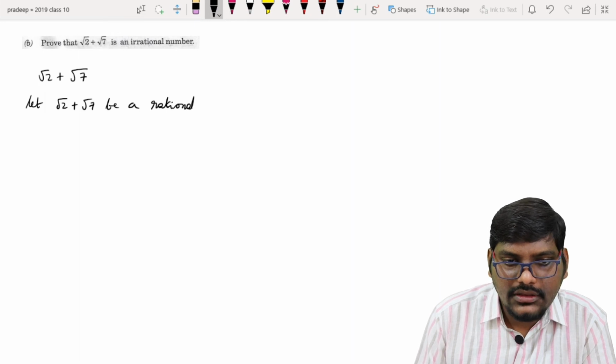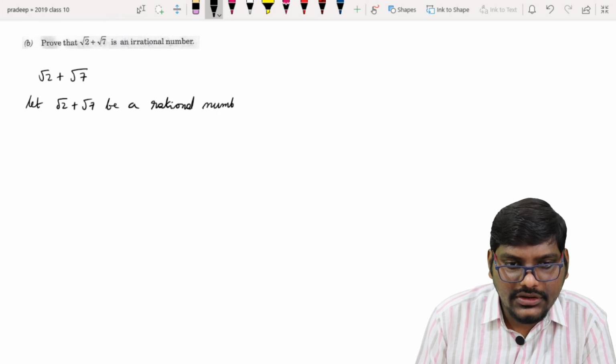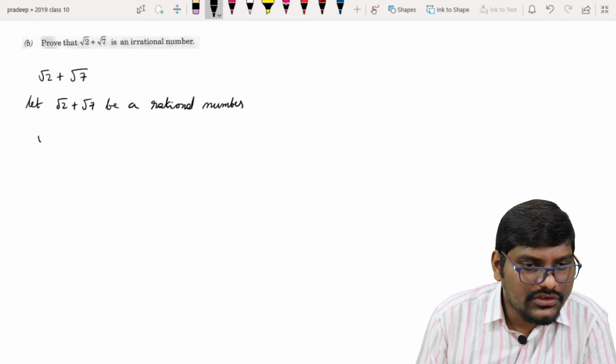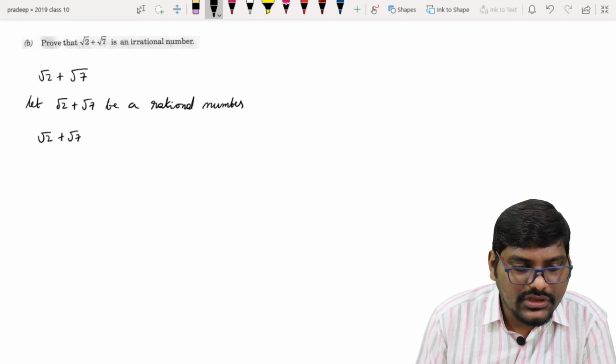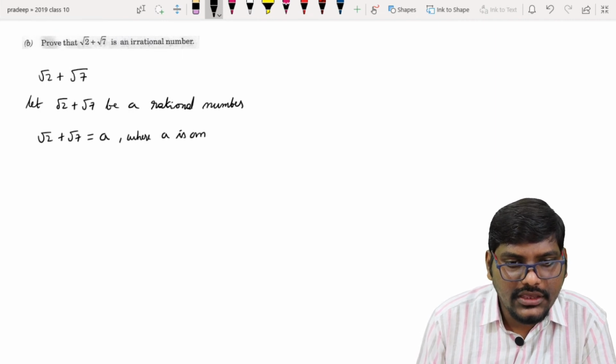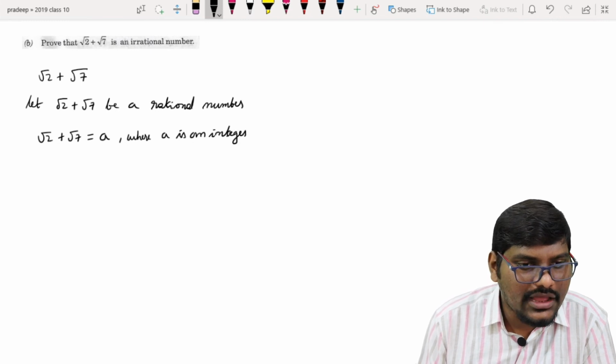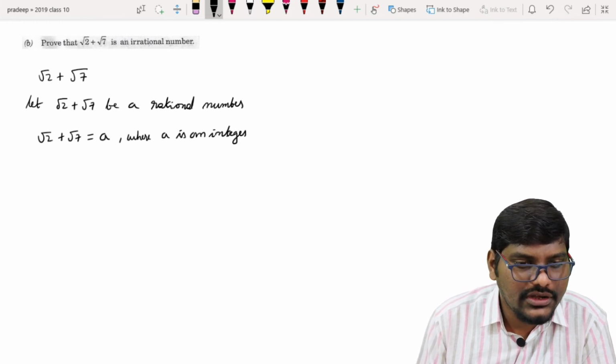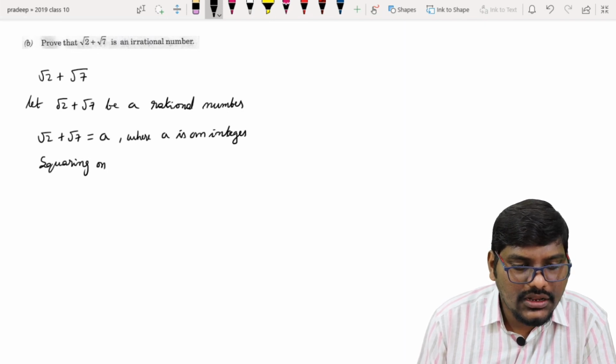Okay, so we'll equate root 2 plus root 7 equal to A, where A is an integer. So now I'll just square both sides. So let's see what we get here.